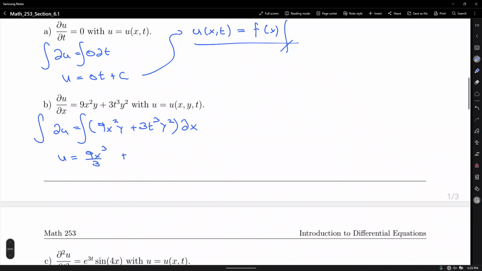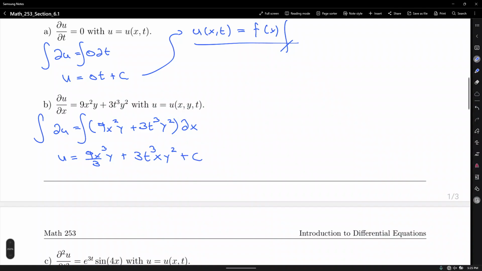Plus, careful here, because this term right here, 3t cubed y squared, is just a function of y and t. So in this case, that's just a constant with respect to x. So this simply will be 3t cubed xy squared plus some constant.